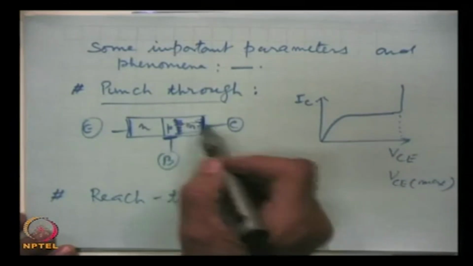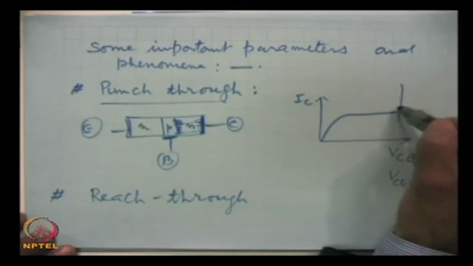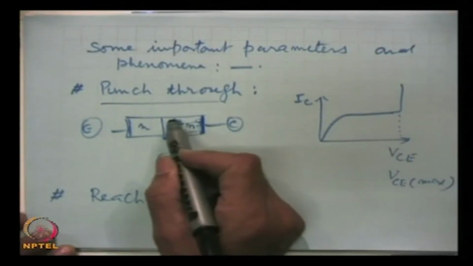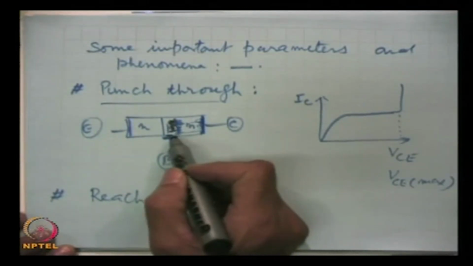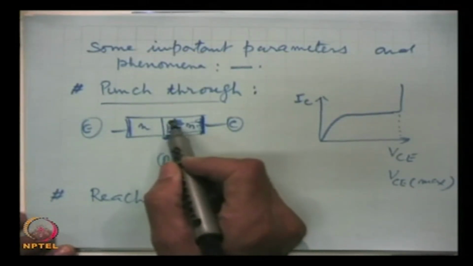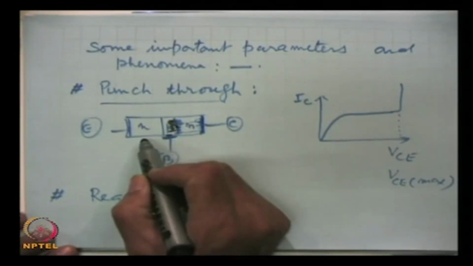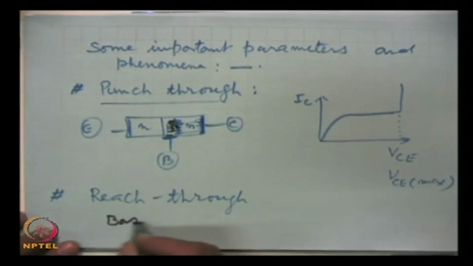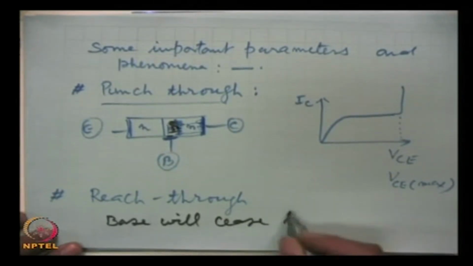So, when this voltage is not large enough yet, but is still large enough so that the penetration of the depletion region is there, and this depletion region touches almost the emitter region, that means the base will cease to exist.